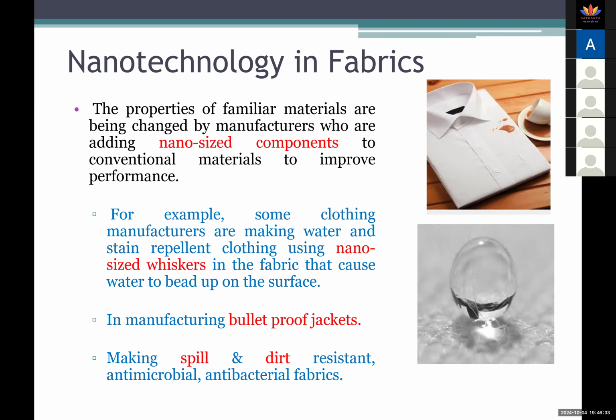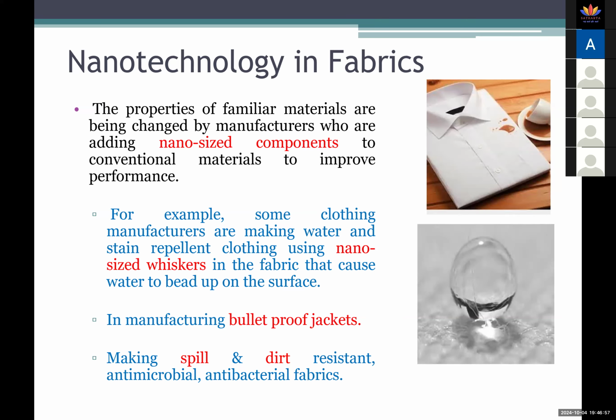Water won't stay on that. It bounces back. You understand? That's because of the nano-structured surface. The same nano-structuring we see in the miniature, we can mimic on our fabric. So you take any spectrum of application, at every location you have applications of nanotechnology. So it's very important to know.